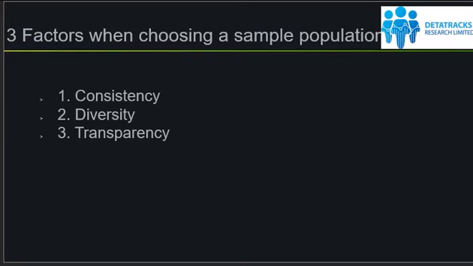If done right, survey sampling can save time and money while allowing you to draw inferences about a larger group of people. We keep these three key things in mind while choosing a sample population: consistency, diversity, and also transparency.